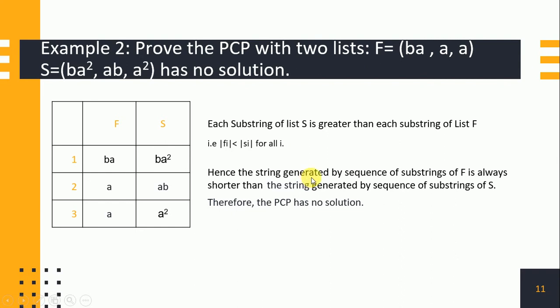Hence, the string generated by the sequence of substrings of F is always shorter than the string generated by the sequence of substrings of S. Therefore, this PCP has no solution, right?